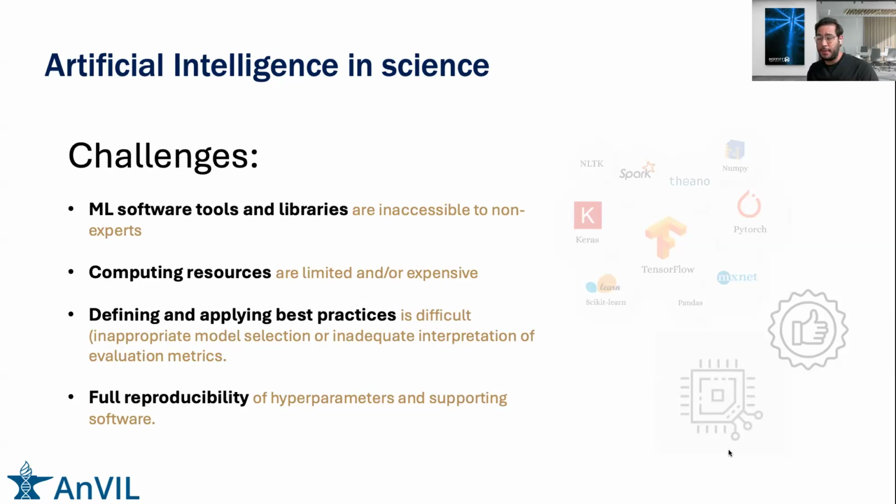If you're not familiar with machine learning models, you're going to face some barriers to start doing that research. And I'm listing here some of those challenges, which is first, you need to understand what softwares and libraries are available to you to use.